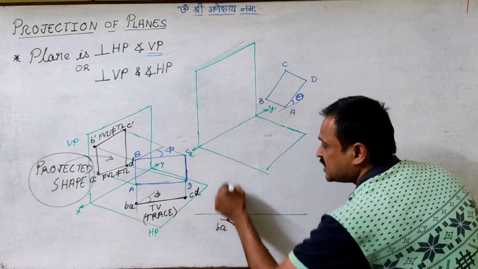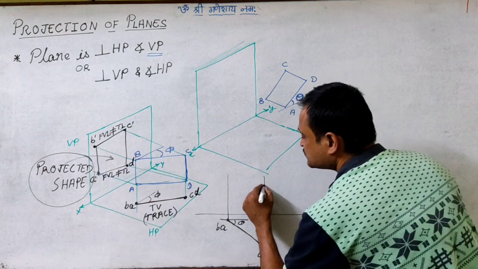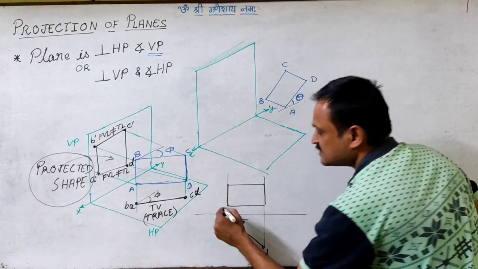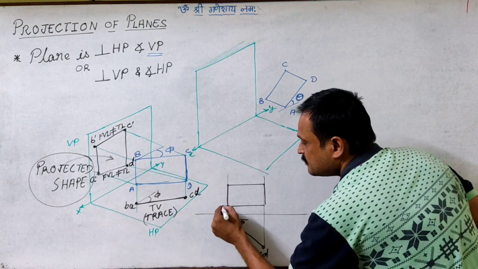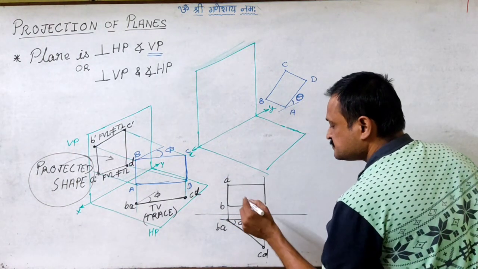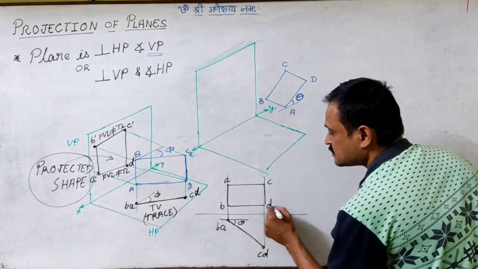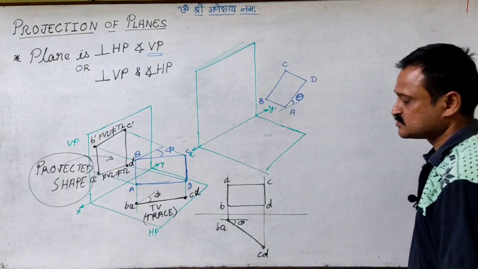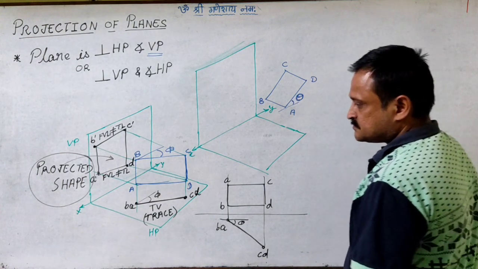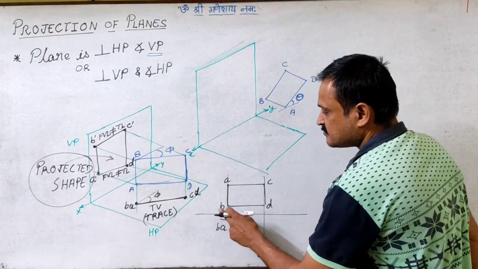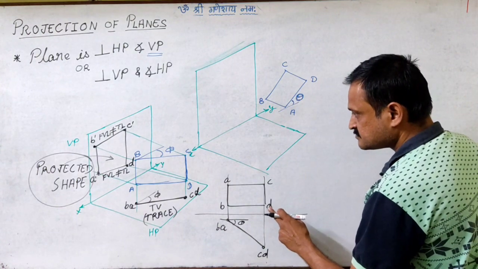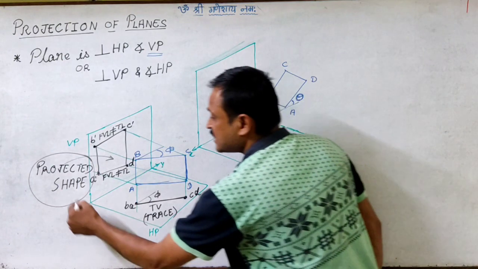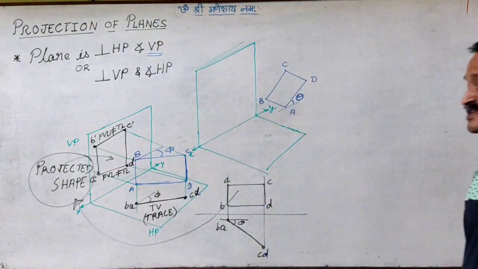So when we are projecting, as if I know what is the height, I am getting this image to be as A, B, C, D. Anyway, we are getting this shape as a projected shape in this case.